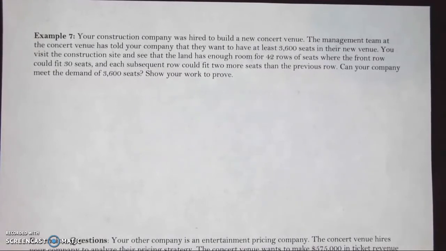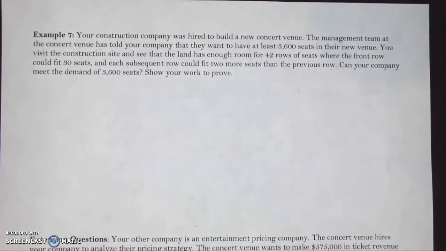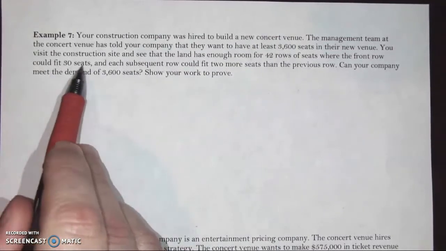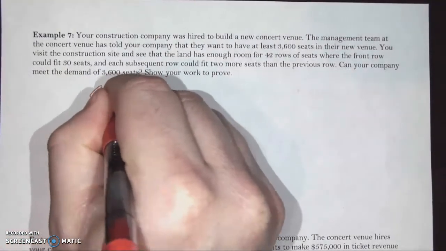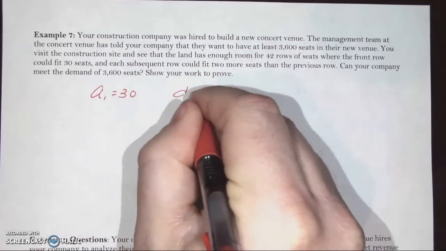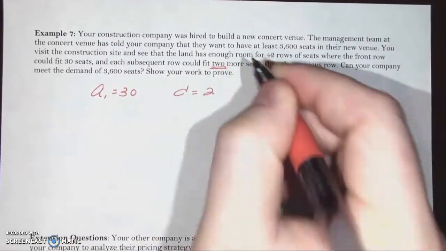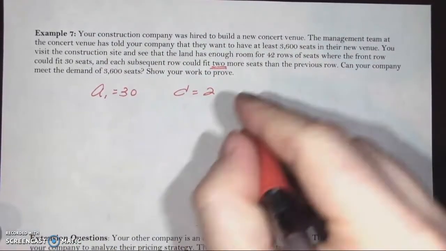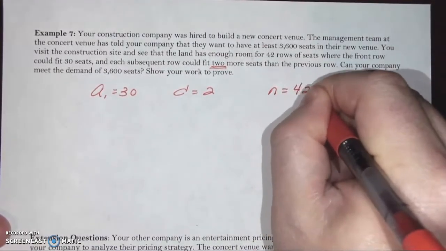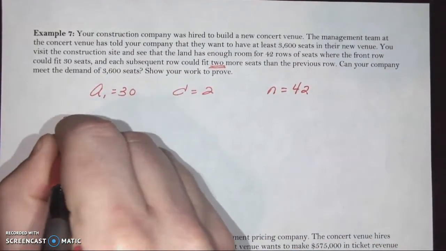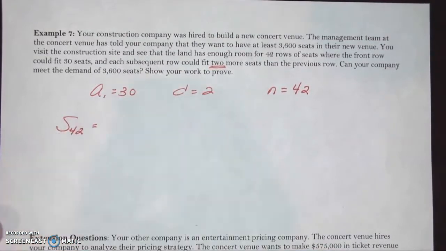Well, if we think of this as an arithmetic sequence, the first term would be 30. The common difference would be 2, 2 more seats than the previous row. The n value is 42. And we want the sum of the first 42 terms here.